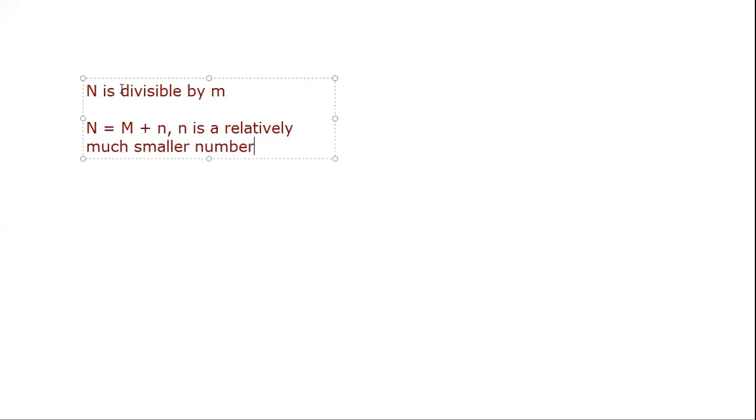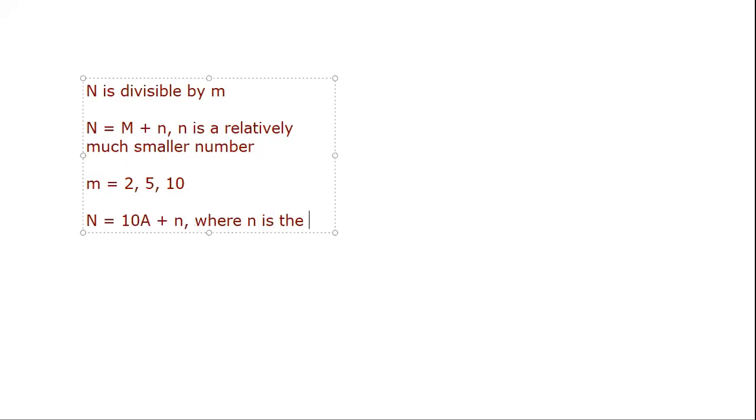When m is 2, 5, or 10, the way we split this is we write n in terms of 10a plus n, where n is the units digit.